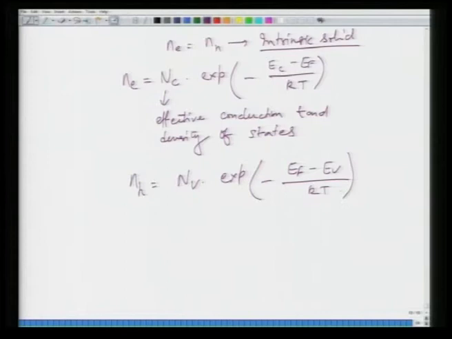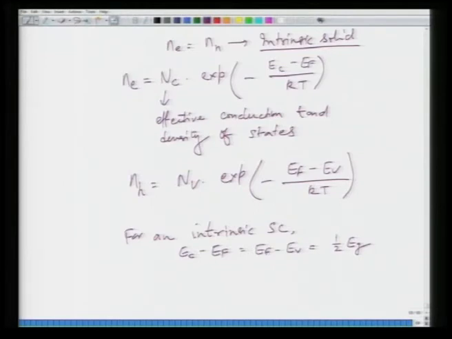So basically you can see that now for an intrinsic semiconductor, EC minus EF is equal to EF minus EV is equal to half of EG, because it sits right in the middle. So you can see that this would change to minus of EG by 2 KT, and this would also change to minus of EG by 2 KT.